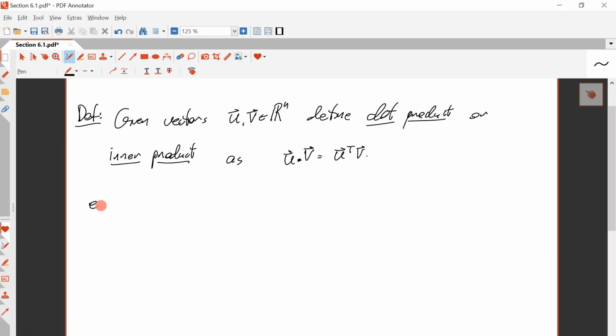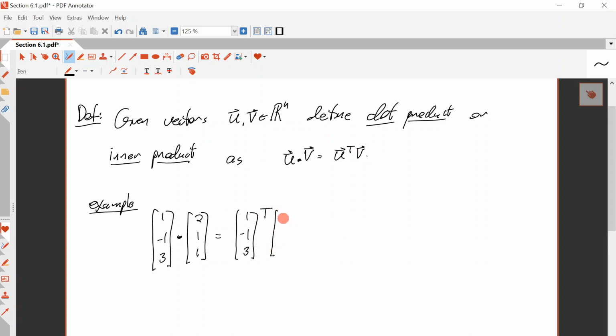So for example, in R3, if I have a couple vectors here, (1, -1, 3) dot (2, 1, 1), this is equal to, you take the transpose of that and take the ordinary matrix product, like this, right? This is the ordinary matrix product here, and we denote it as the dot product, but this transpose is just the corresponding row vector.